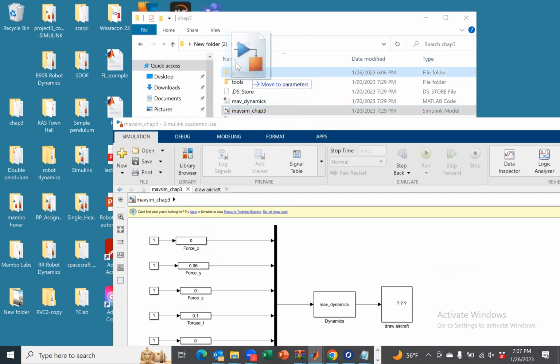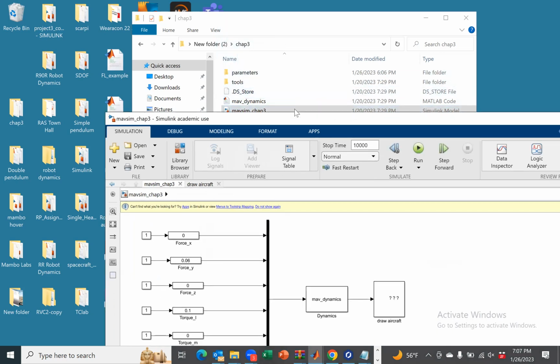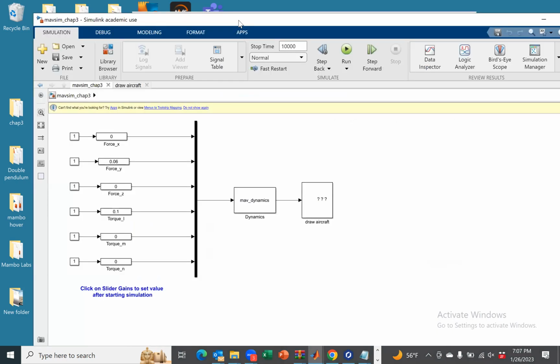When you look at this MavSim chapter 3 toolbox, the template is going to give you something like this. At this time, please understand your draw aircraft should have been complete. You should have the code that does drawing of the aircraft.